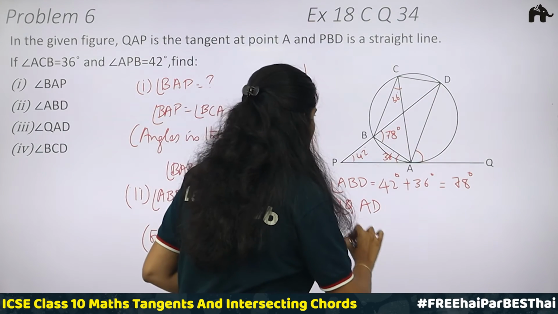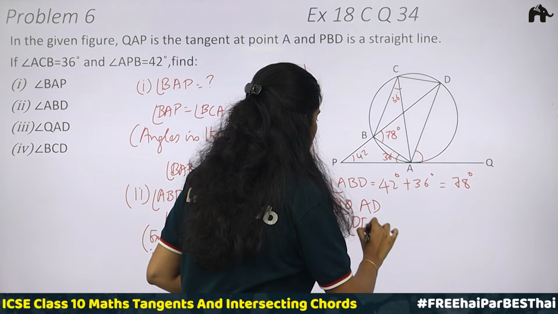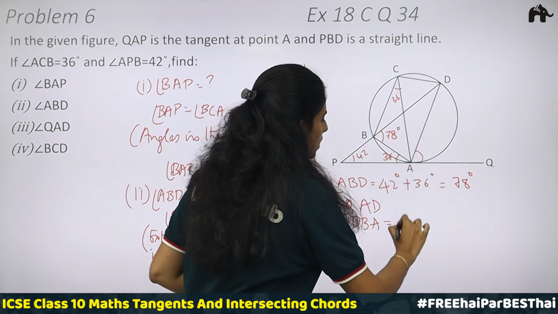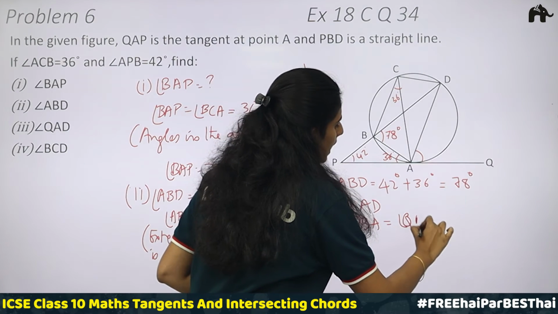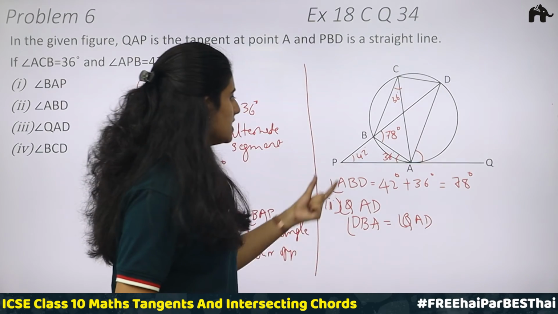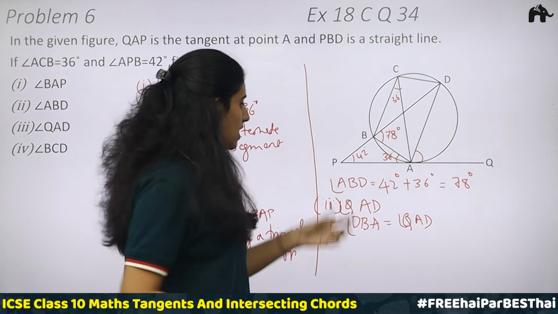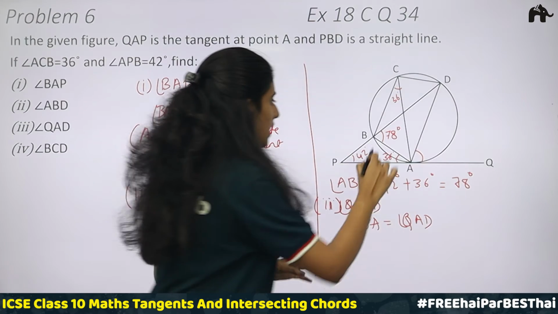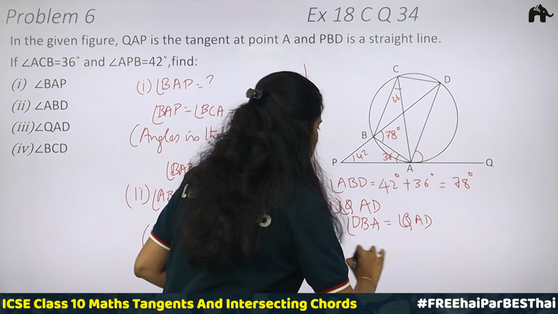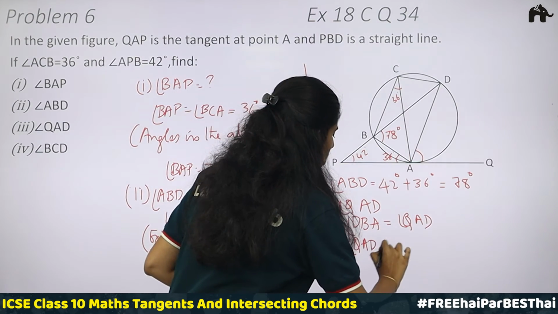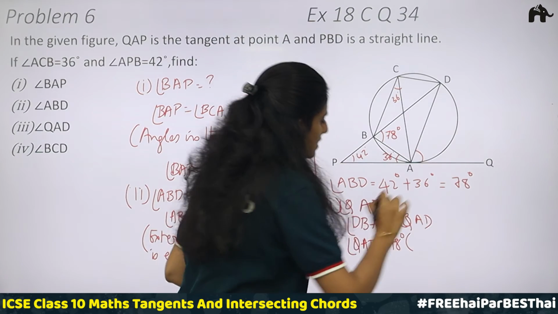Therefore, angle DBA should be equal to angle QAD. DBA is the angle we have determined, which is ABD. ABD is 78 degrees. Therefore, QAD will also be equal to 78 degrees.